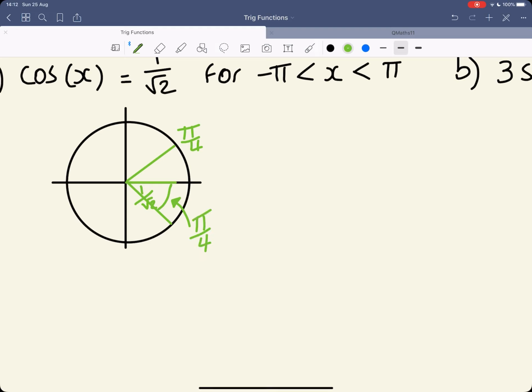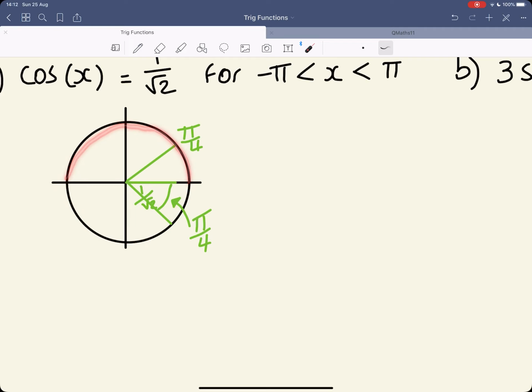Now, if we include the direction, because if we look at our domain, we have to go between negative pi and positive pi. The negative means we're going not in the positive direction, but the negative direction. Ready? I'll show you. We're looking for solutions between negative pi and positive pi.